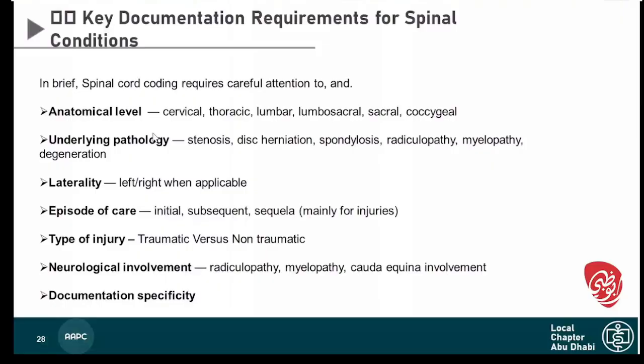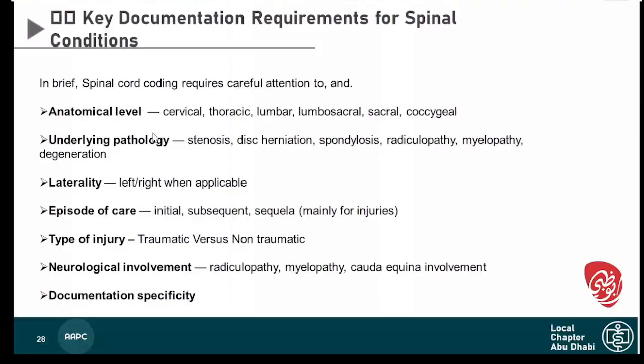If a patient is admitted with radiating pain, and the underlying condition is stenosis or disc herniation, then the coder should assign the ICD code for the stenosis instead of pain.